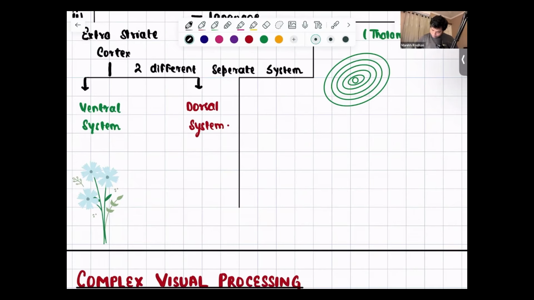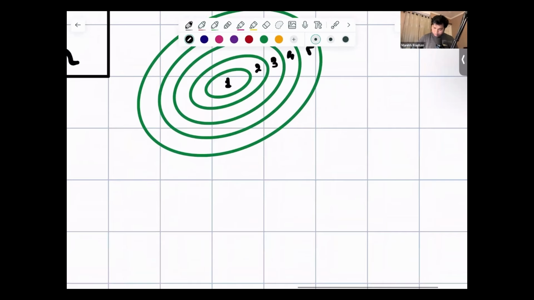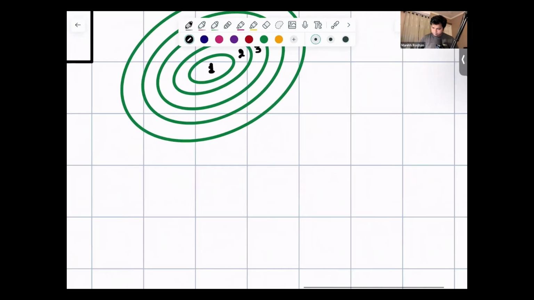So I'll just zoom in. This is 1, 2, 3, 4, 5. Now from 1 and 2 there arises a pathway that is called the magnocellular pathway.